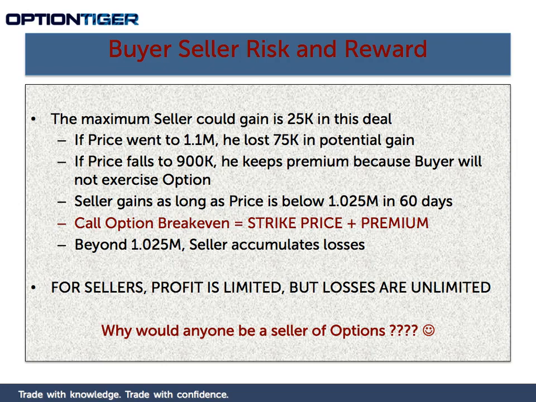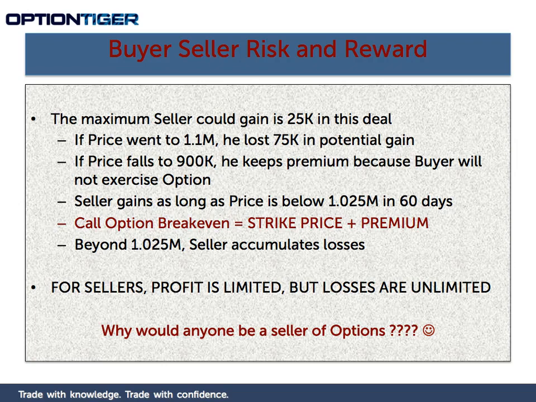If you look at it first from the seller's standpoint, the maximum the seller could have gained in this deal is $25,000. And why is that? If the price went to $1.1 million, he lost out on $75,000 in potential gain because he was assigned this contract and he had to sell the house to the buyer at $1 million. But he got $25,000 in premium.